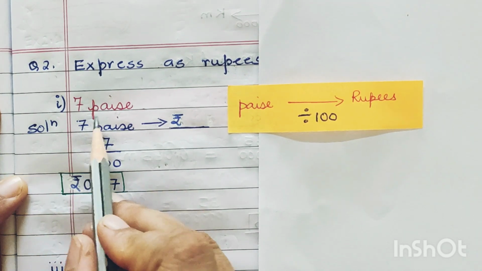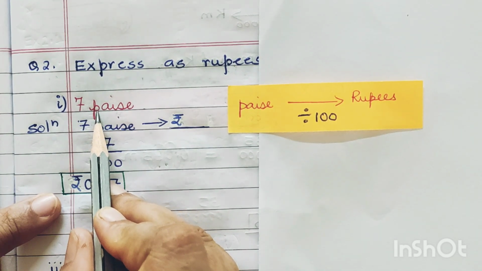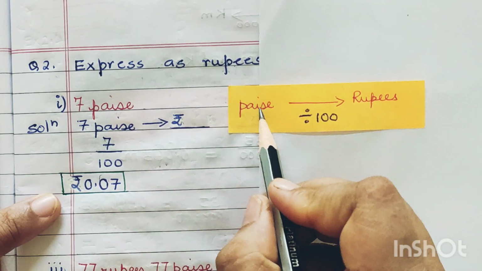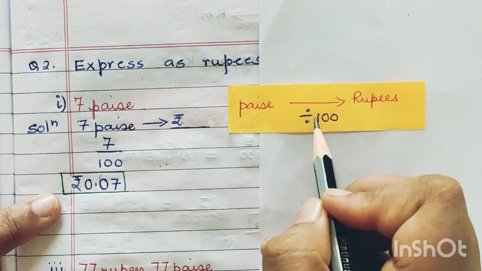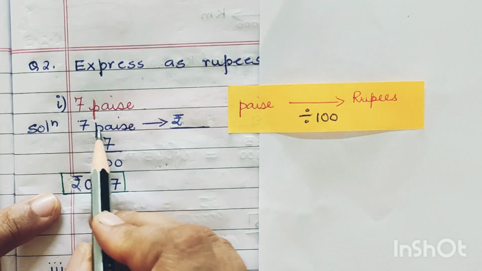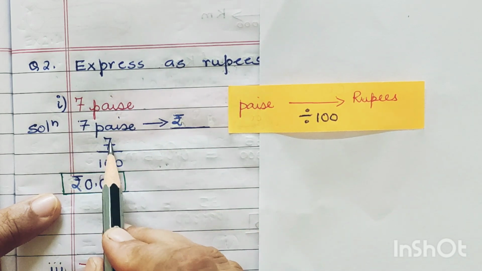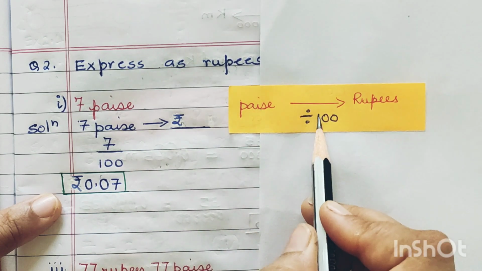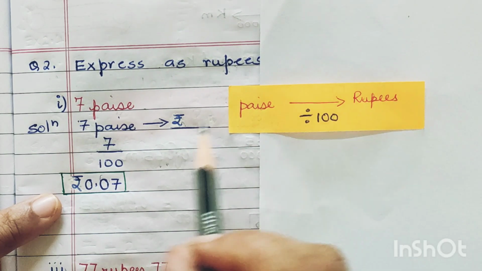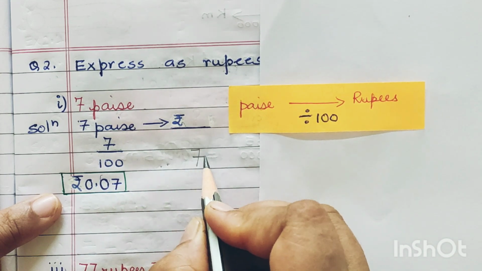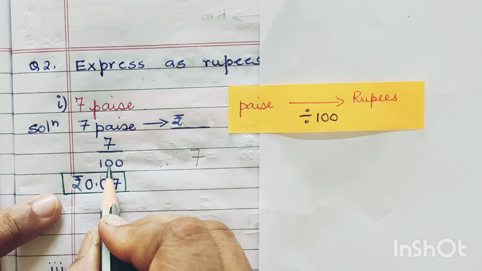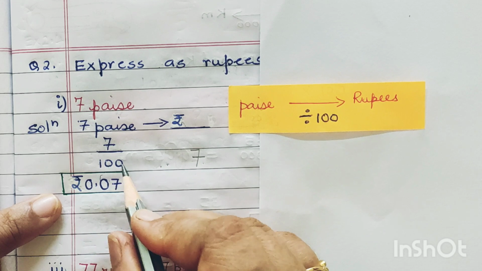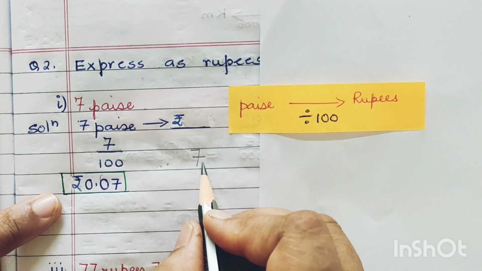We are given 7 paise. Now note, we have to convert this paise into rupees. We know paise has to be converted into rupees by dividing by 100. So 7 divided by 100. For the whole number 7, the decimal point is hidden at the end, and since we divide by 100, we move 2 places to the left.